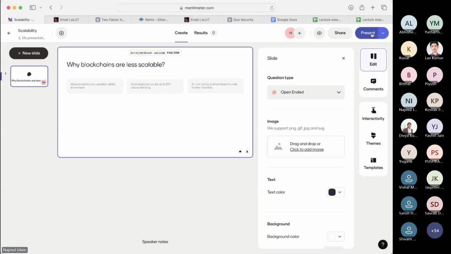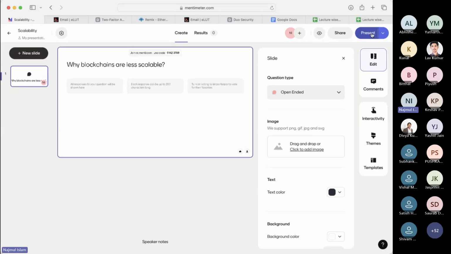So if you again go to menti.com and put the code there, and don't ask ChatGPT, but just in your opinion, from your knowledge from this course, from today's session, or all these 3-4 days of sessions, why do you think blockchains or smart contracts or the consensus algorithm are less scalable compared to centralized systems?